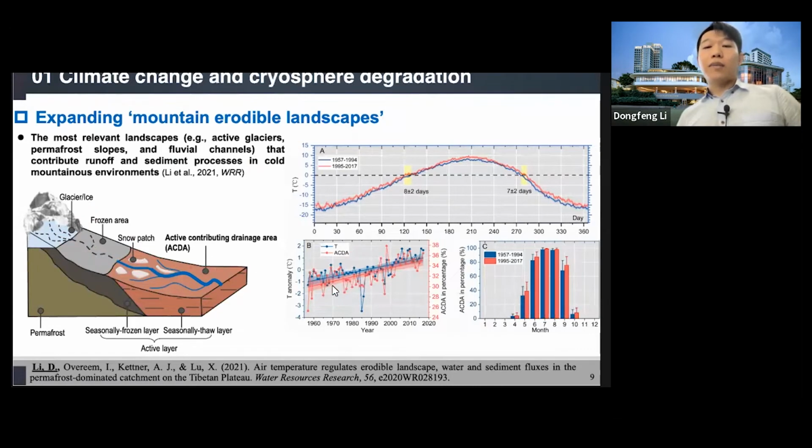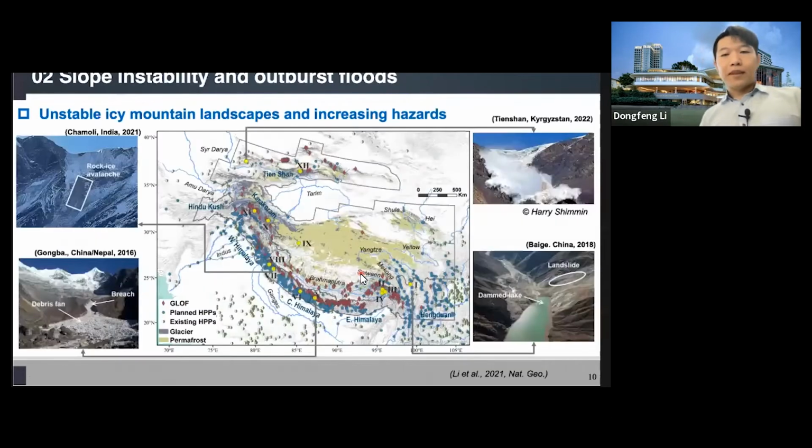Over the past decades, in response to temperature increase, the erodible landscape in the mountainous areas is also expanding. So the cryosphere, including glaciers, permafrost, and erodible landscapes, is changing. It has huge implications for slope failures and also extreme hazards.